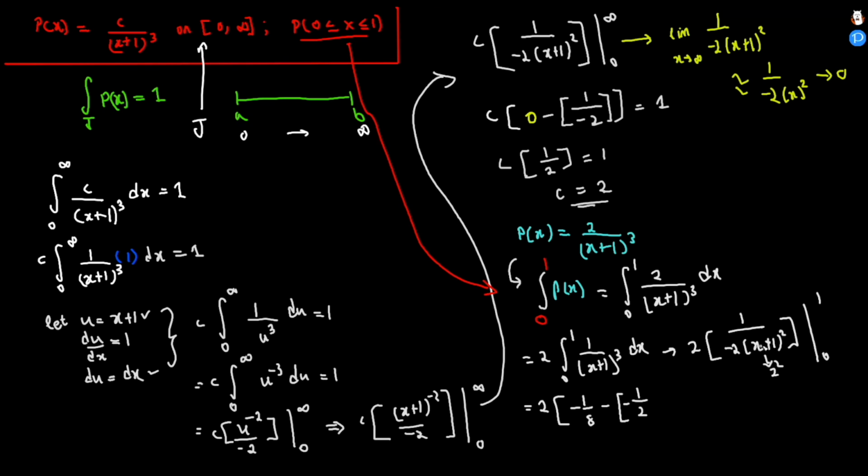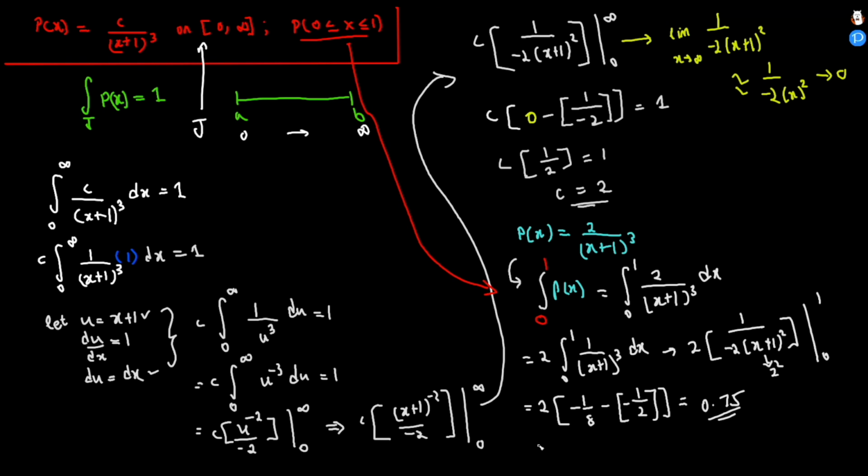Because you plug in 0, this becomes 1, this is minus a half, right? So minus 1 over 8 plus a half, times 2. Okay, and that's our final answer.